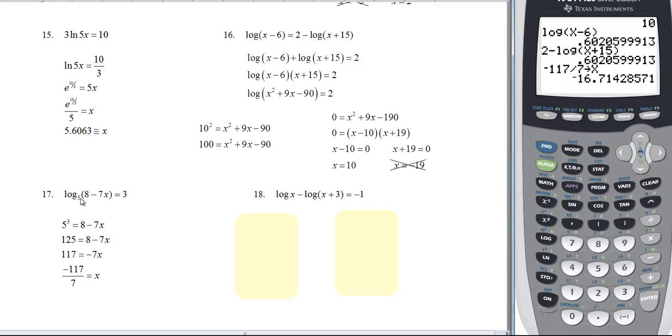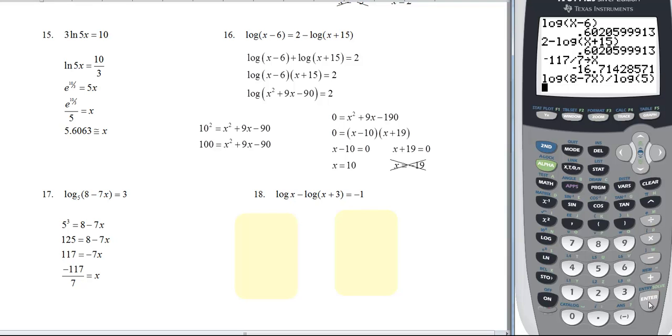And I've got to use change of base, so log of number divided by log of base. Log of number, 8 minus 7x, divided by log of base. And there's my 3, so that works.